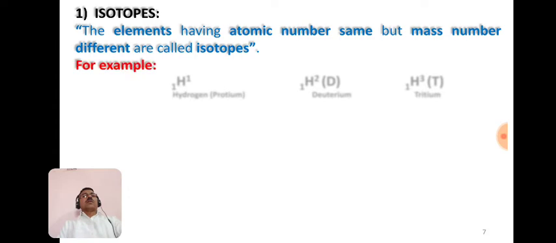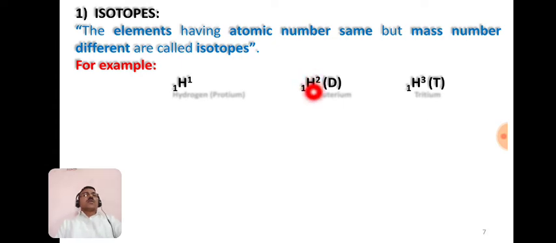For example, see here, these are the three elements: hydrogen, here is also hydrogen, here is also hydrogen, but their atomic numbers are the same and mass numbers are different. So here is H, atomic number 1 and mass number 1, it is known as hydrogen.